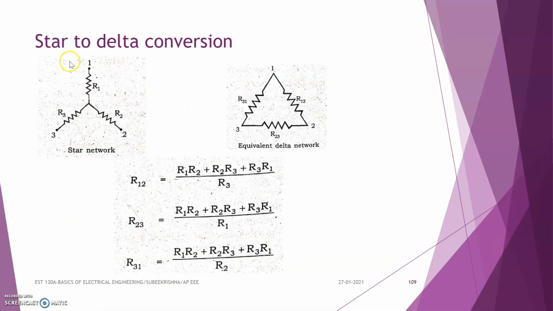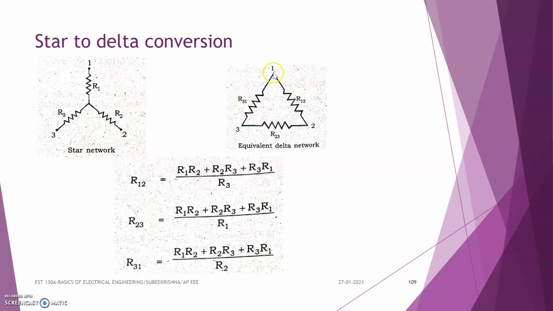Similarly, for finding the delta connected network from a star connected network, we can use the following equations. This is a star network. Here R1 is present here and R2 and R3, and we should convert this star network into the corresponding delta.